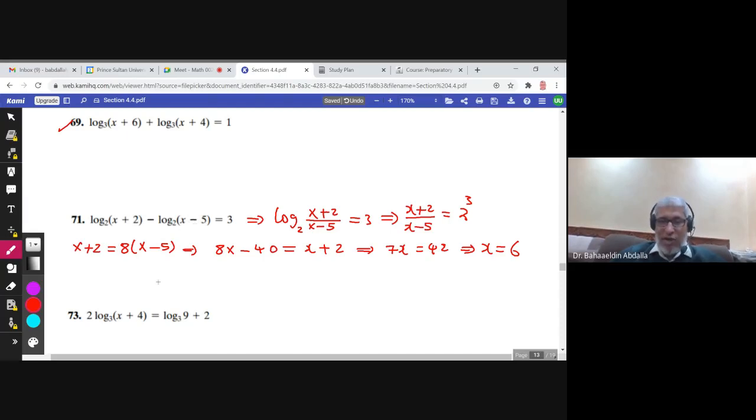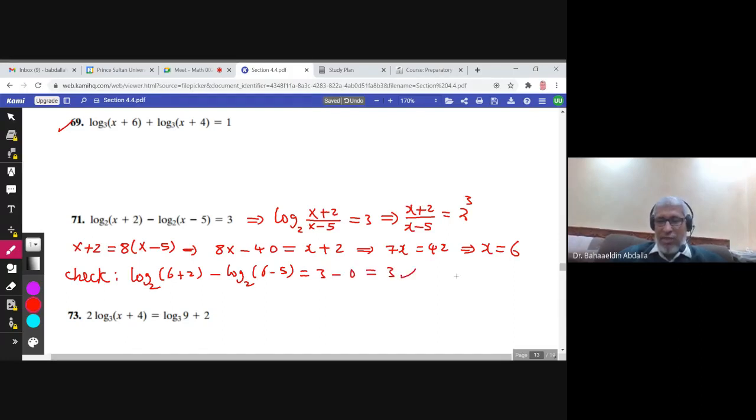That's good. It would be correct. But you have to show your steps. Log of 6 plus 2 to the base 2 minus log of 6 minus 5 to the base 2 equals, now this is log 8 to the base 2, which is 3, and this is log 1 to the base 2, which is 0.